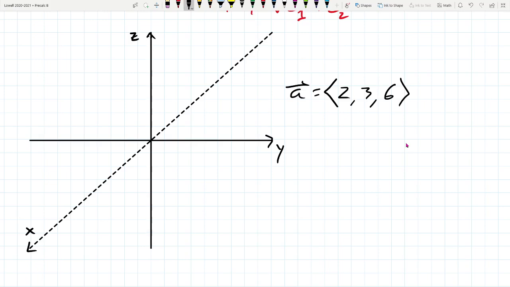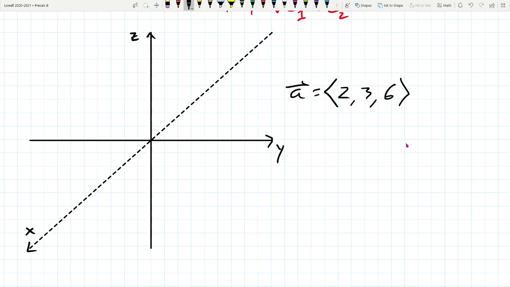You might have seen it in different orientations, but there is a certain right way and a certain wrong way to do it. This is but one correct way. When we say this vector has an x component of 2, a y component of 3, and a z component of 6, this is what that would look like.